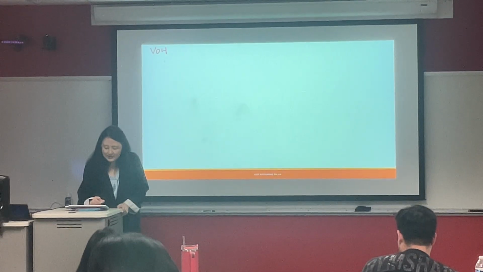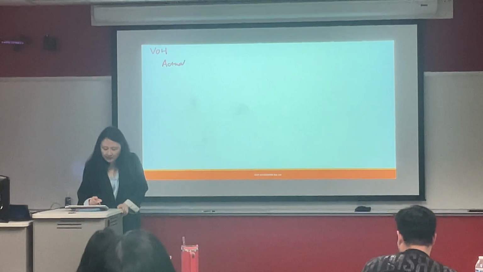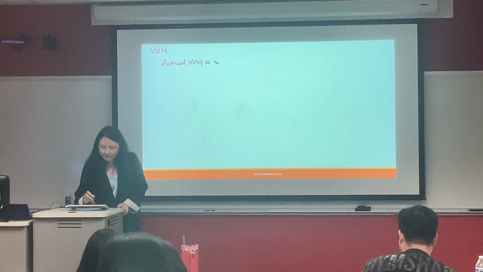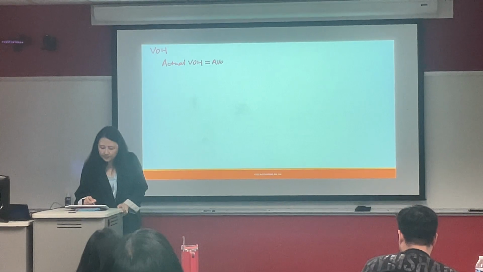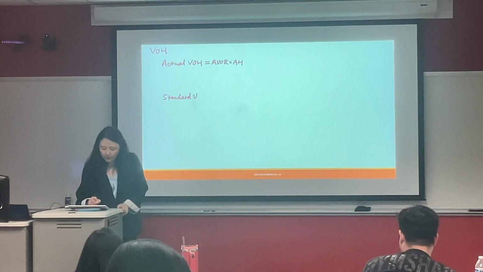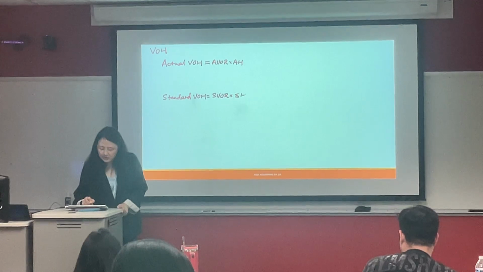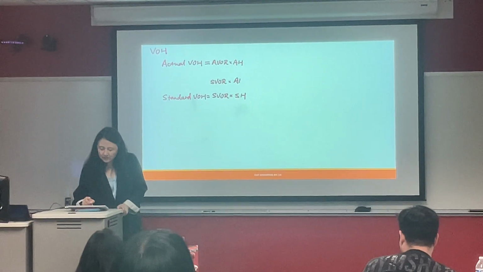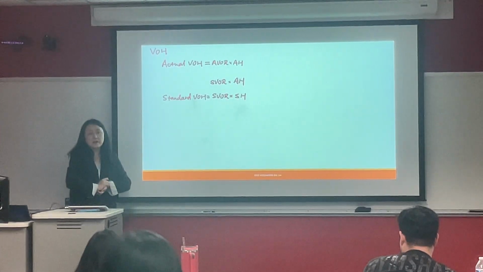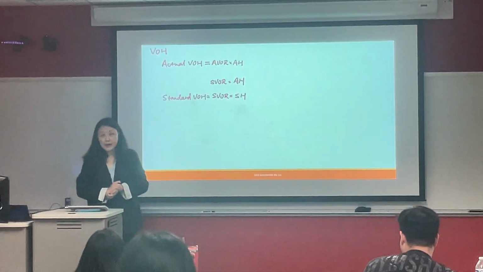We have the actual variable overhead, based on AVOR and AH, and then the standard variable overhead, SVOR SH. I remember I'm going to use SVOR and AH for the middle. That's how I remember the model, the model I'm gonna calculate.